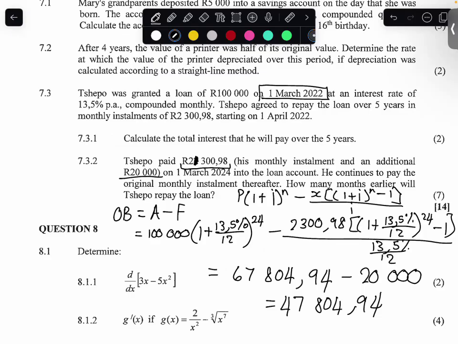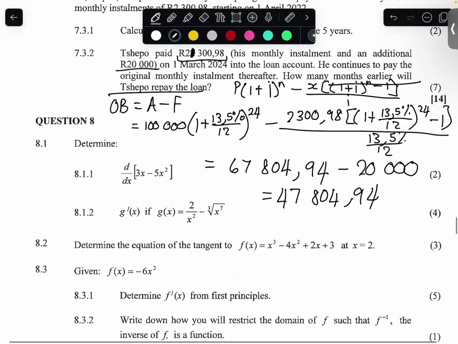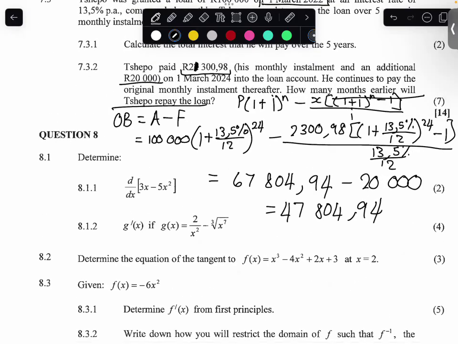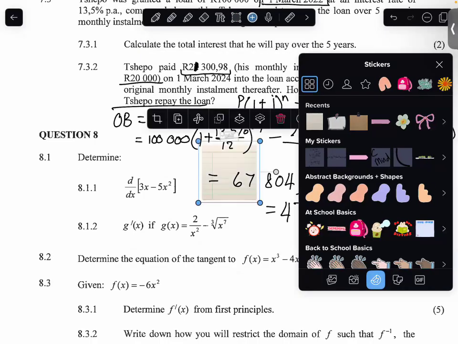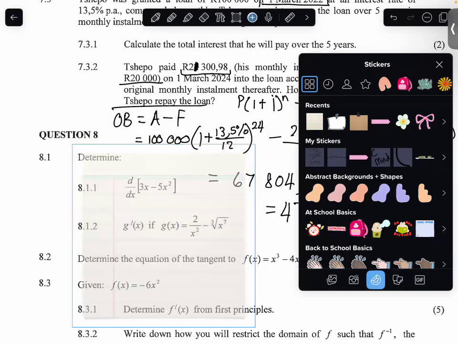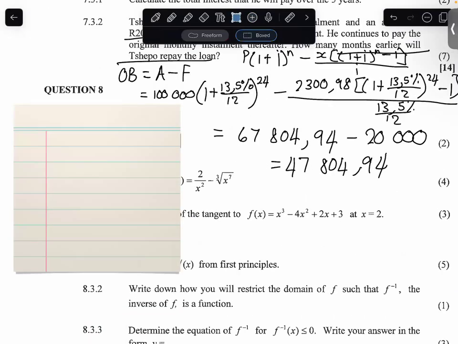And so in order to see how many months earlier he will repay the loan, I'm now going to put that into the P formula to get the number of months. I need somewhere else to write on. All right, so now this is the outstanding balance after the 2 years. Let's put the 20,000 down.